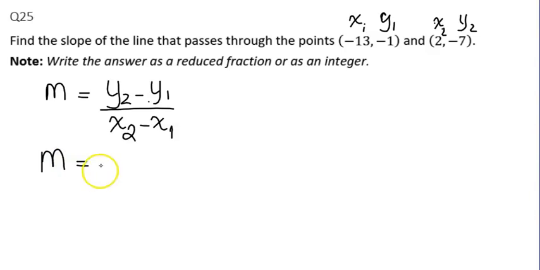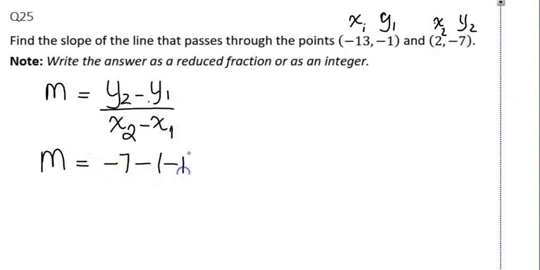Y2 is what? Negative 7. Then I have a subtraction here of y1. Y1 is also a negative number. Divide by x2, which is the number 2, minus, what is x1?